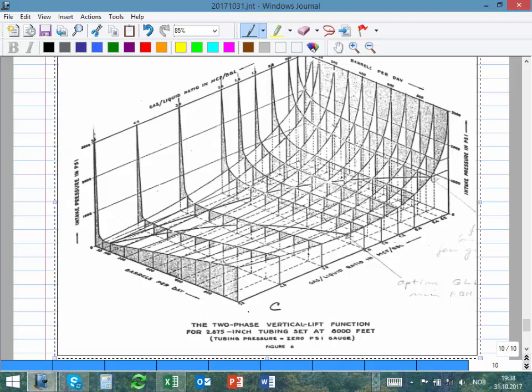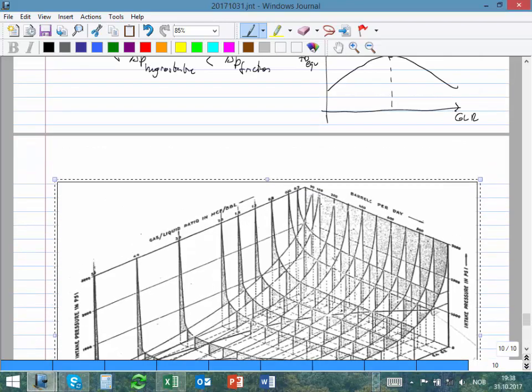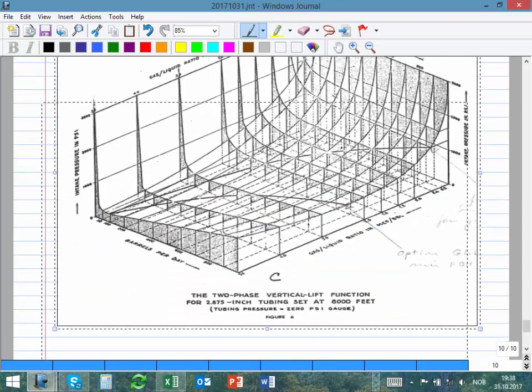And that's for a fixed gas liquid ratio of 5. But when you start decreasing to 4, 3, 2, and 1, the whole curve is displaced and goes up. So when you reduce the gas liquid ratio, you get more and more pressure drop. That's from Gilbert's paper from 1954.